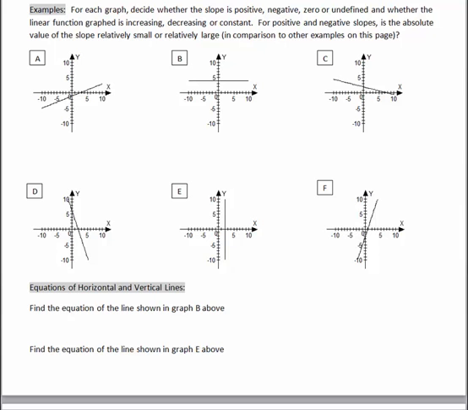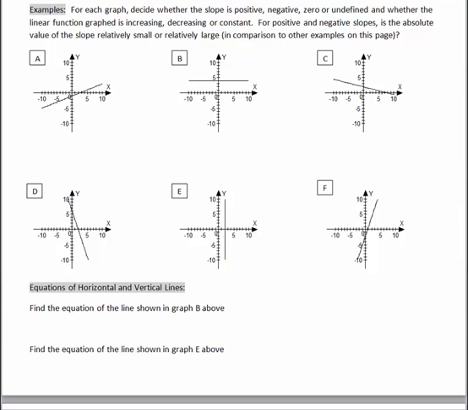In the next set of graphs, we're going to just subjectively decide whether the slope is positive, negative, 0, or undefined, and therefore whether the linear function is increasing, decreasing, or constant. And then if the slopes are positive or negative, we want to know if the value of the slope, or the absolute value of the slope, is relatively small or relatively large, at least in comparison to the other examples that we're showing on this page.